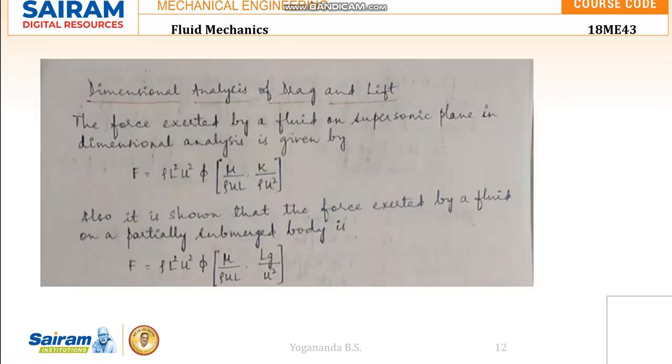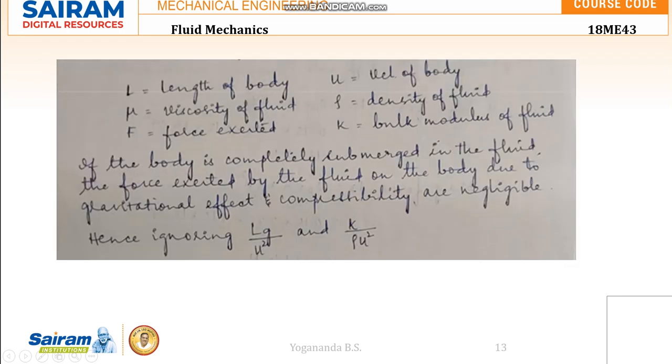Dimensional analysis of the drag and lift force. The force exerted by the fluid on the supersonic plane in the dimensional analysis is given by, it is shown that F is a function of rho, L, U, mu and K, where L is the length of the body, mu is the viscosity of the fluid, F is the force exerted, U is the velocity of the body, rho is the density of the fluid, and K is the bulk modulus of the fluid.